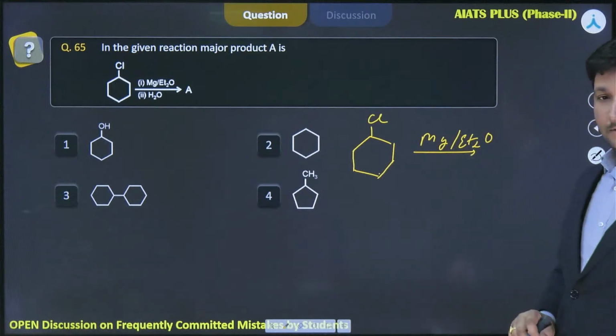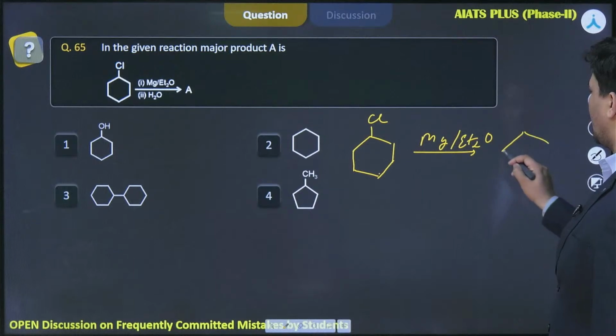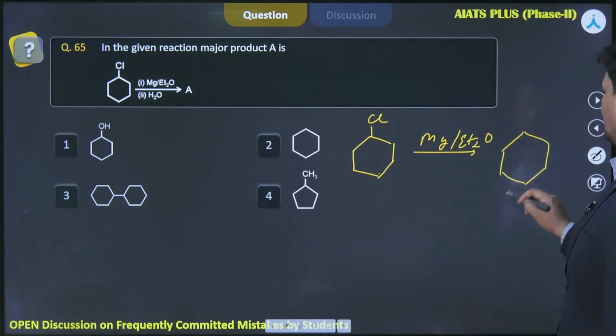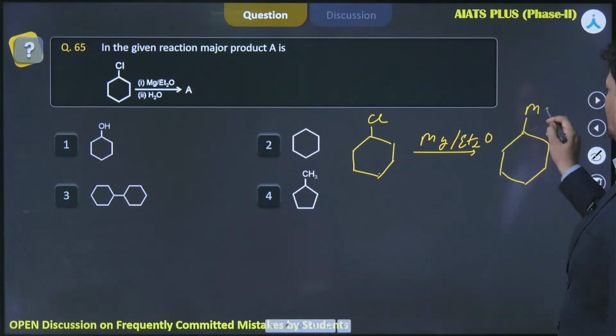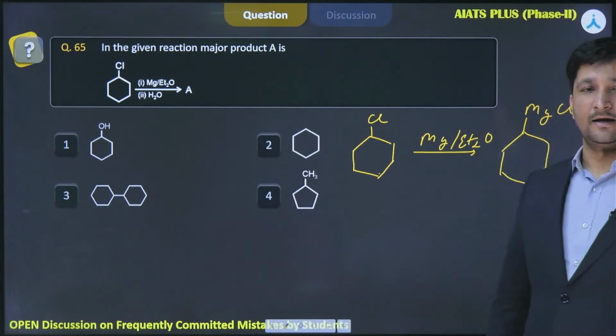So what will be the product formed? We are going to get RMgX, MgCl, we call it as Grignard reagent.